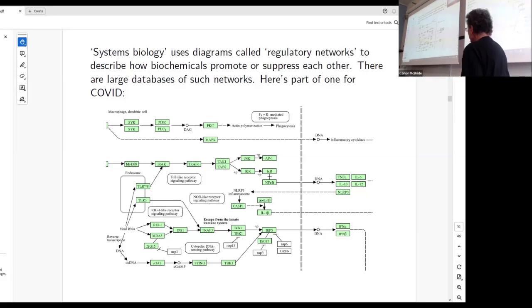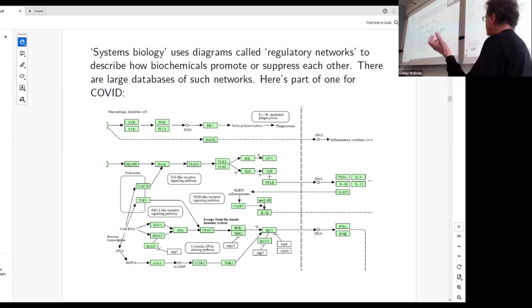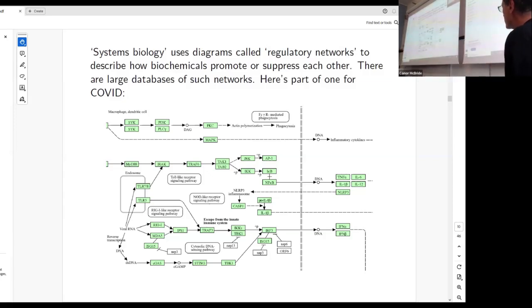But in a regulatory network, these things would be different kinds of biochemicals, different kinds of chemicals to be found in the cell, and the presence or absence of one of them can promote or suppress the presence of another one. And they have actually compiled very large databases of these networks. So here's part of one that you can see online, a small part of one that's for COVID.